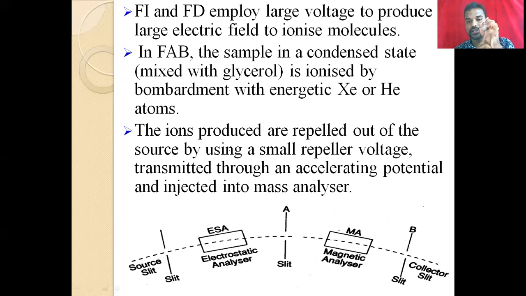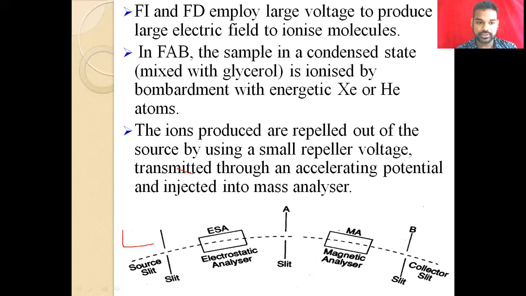For example, if the ions are positively charged, they supply a small amount of voltage throughout the source. Now the ions are positively charged and the surrounding source chamber is also positively charged. Then the ions get repelled from the ion source and move to the next analyzer. So here you can see.